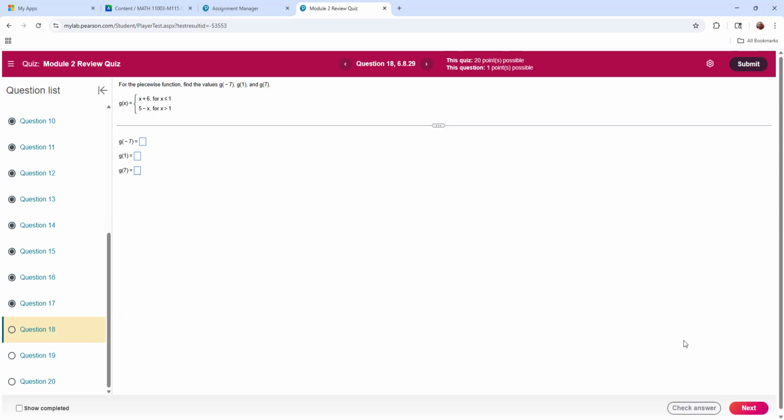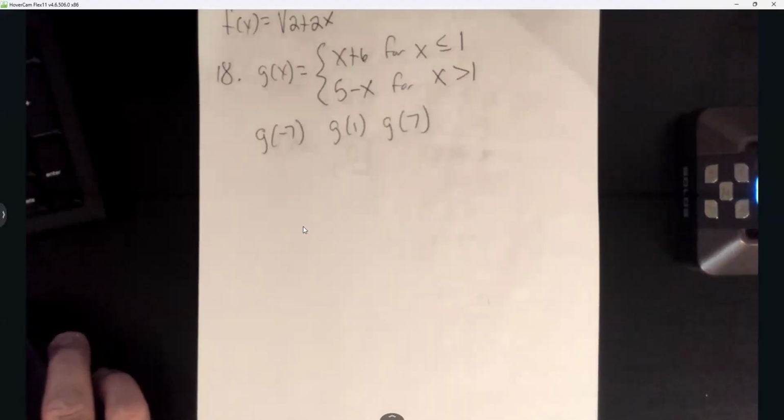They want me to find g of -7, g of 1, and then g of 7. So we're going to get 3 numbers on this, okay? They don't care what equation you're using. They want the actual answers when you plug the numbers in, okay?